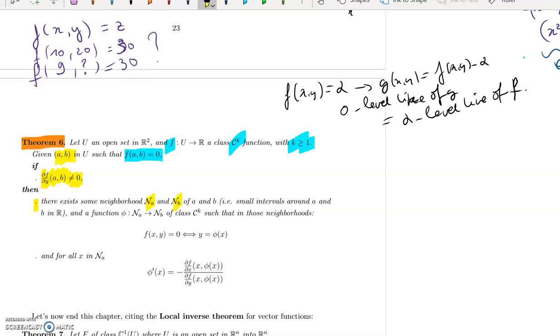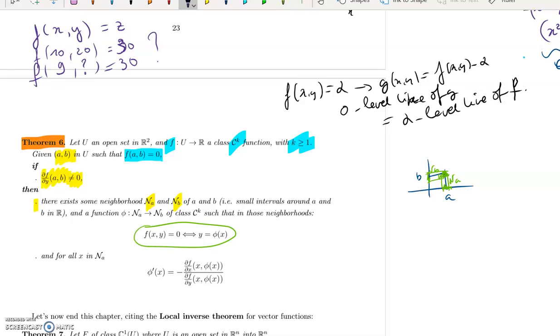What does that mean? You are in the XY plane, that's a, that's b. What you can find is small neighborhoods, that means small open intervals around a and around b, N_A and N_B, such that you can find a function that goes from the interval around a and has values in the interval around b, such that if f of x, y is equal to 0, that means y is equal to phi of x.